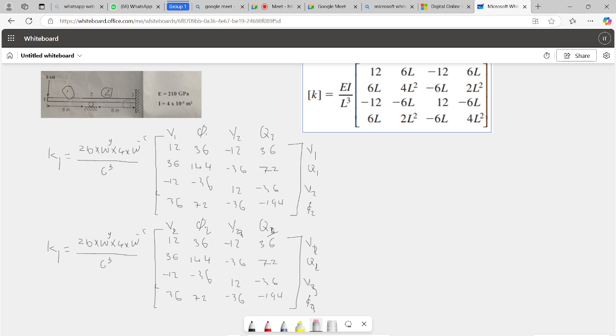Let me repeat myself again. You count the number of nodes that you have. 1, 2, 3. Therefore, this means that I have a 3 by 3. But I cannot have a 3 by 3 in this case because each node is having two components.